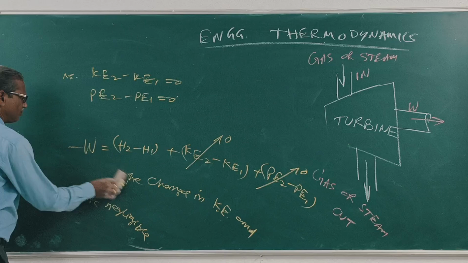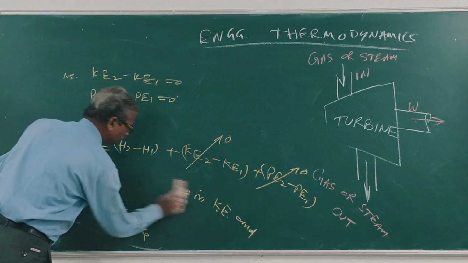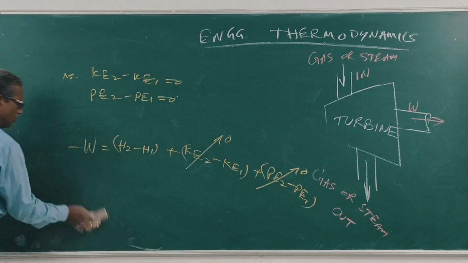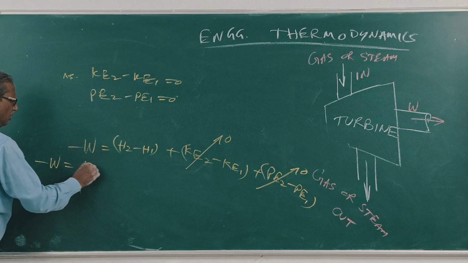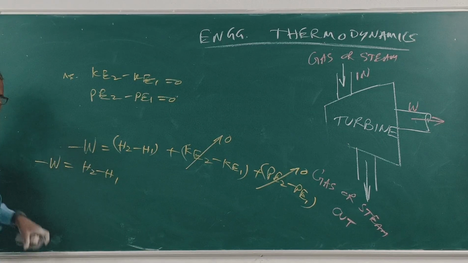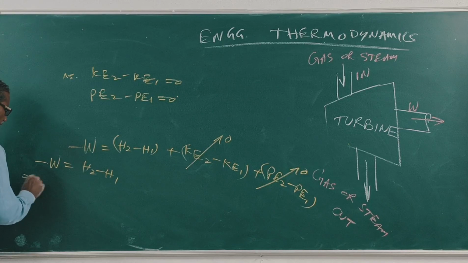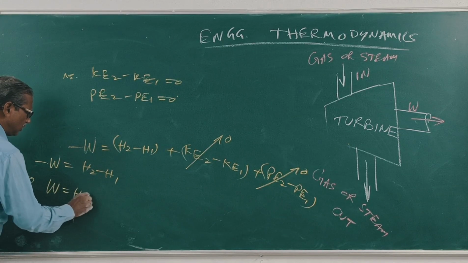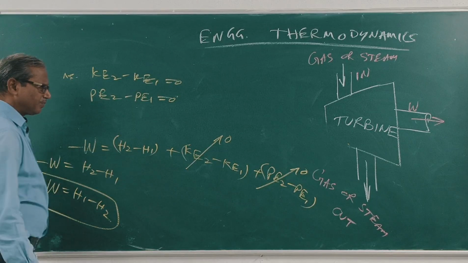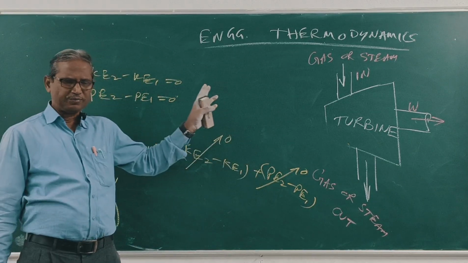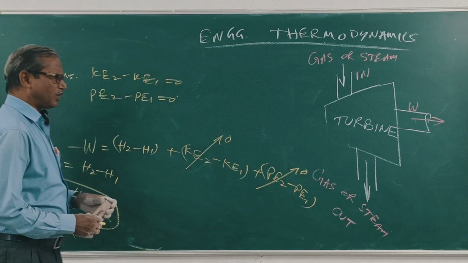Right? So, minus W is equal to H2 minus H1. This implies W is equal to H1 minus H2. Clear? This is turbine. Next, rotary compressor.